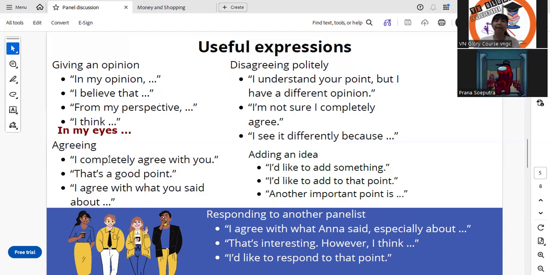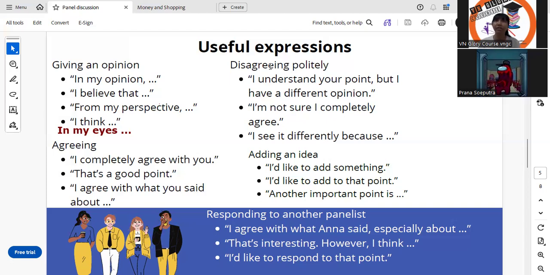Or 'that's a good point,' or 'I agree with what you said about.' And when you disagree with another panelist, you have to use polite expressions, such as 'I understand your point, but I have a different opinion.'